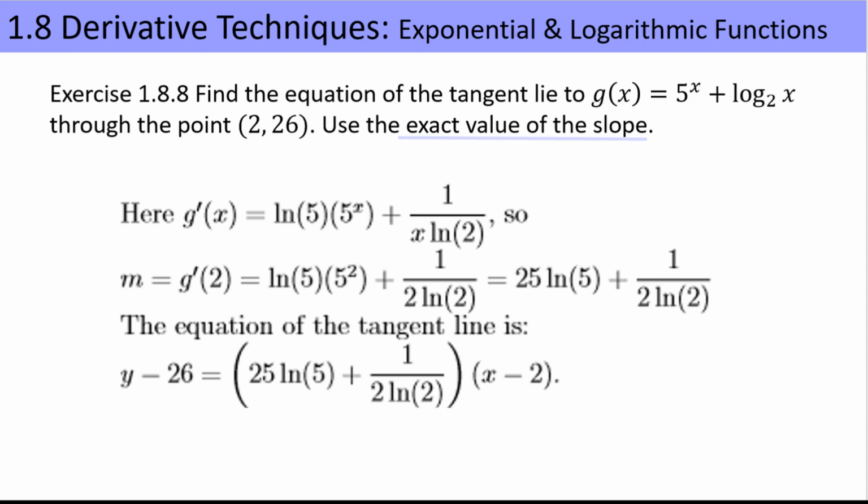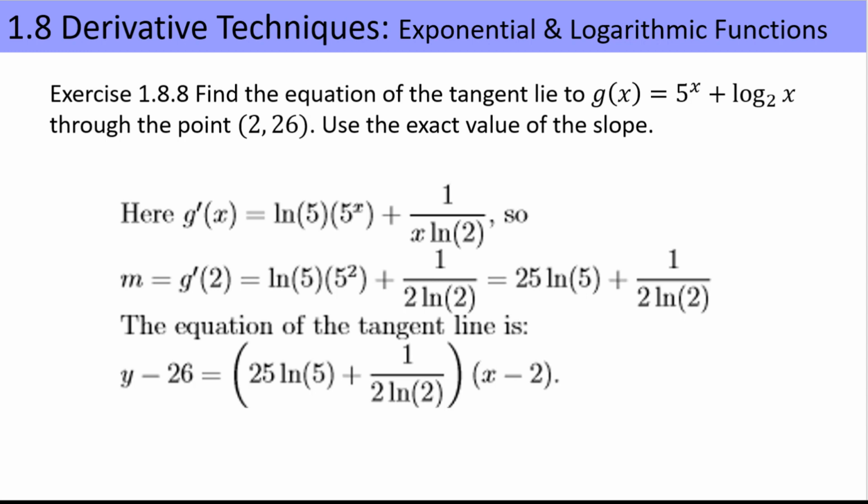Let's begin. Here, the derivative g prime of x is equal to the natural log of 5 times 5 to the x plus, and then the derivative of log base 2 of x is 1 divided by x times the natural log of 2. In order to compute the slope, that is m is equal to the derivative g prime evaluated at 2.